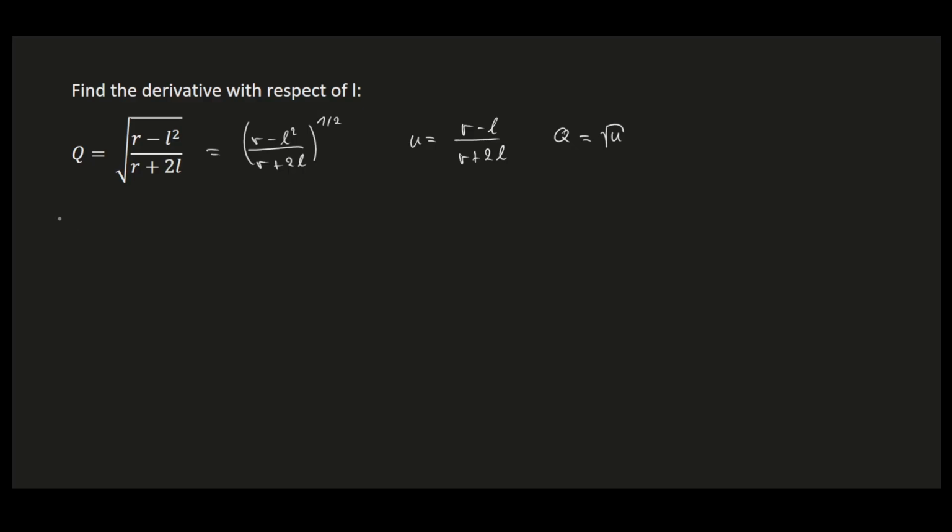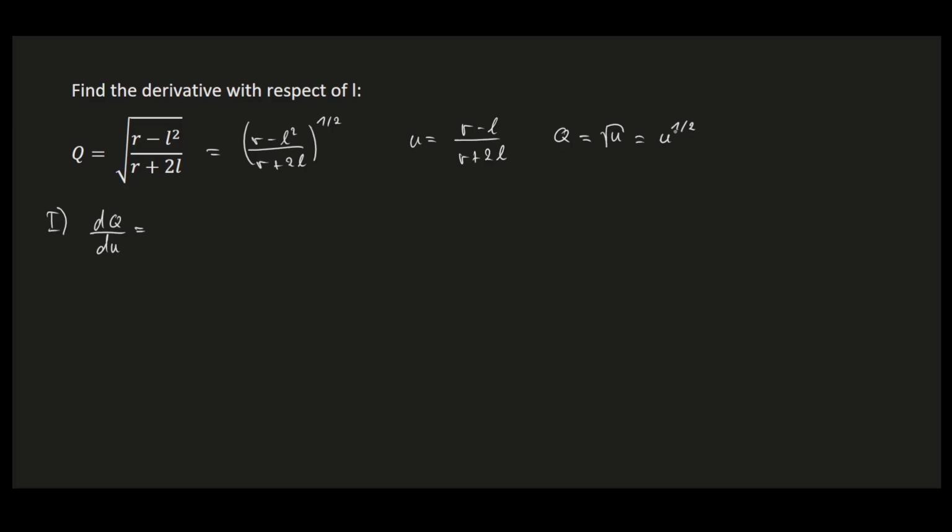In the first step, we are going to find the derivative of the letter Q with respect to the letter u, dQ over du. When we have the square root here, we can also write it as u raised to the power of 1/2.